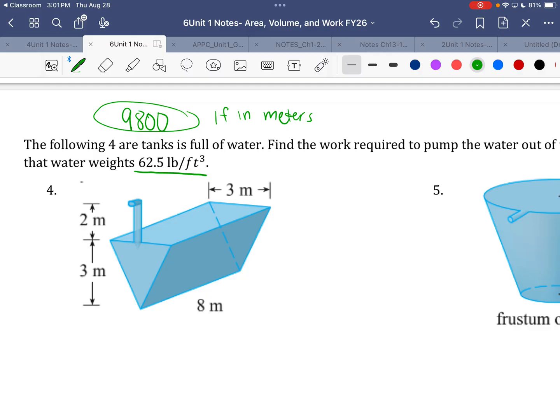Right, but the F is still, F is all. And the pump spot is 5. The volume of this is changing.